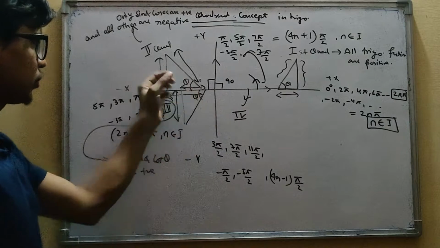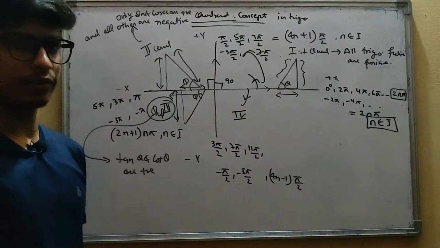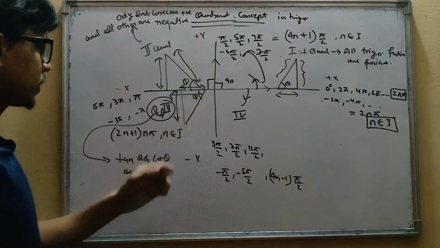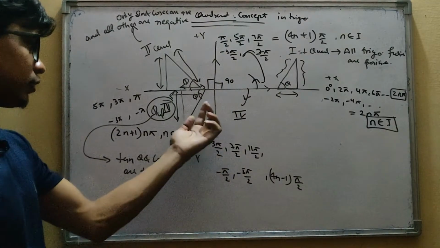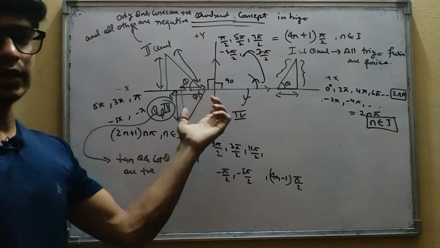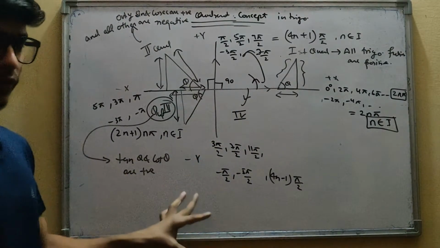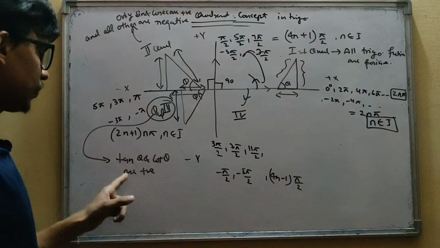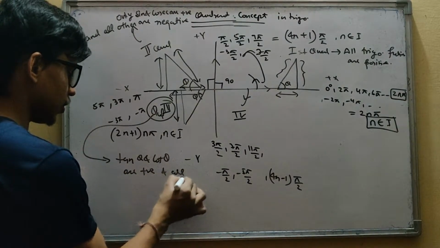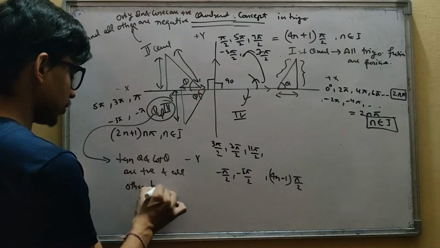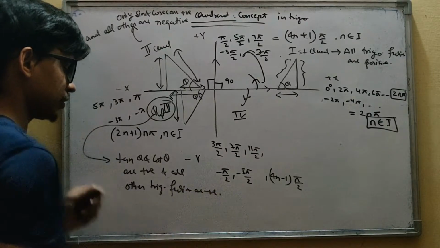This is a kind of magnitude, the distance of this particular point from the origin. That is why it is always considered positive. So sine and cos and their reciprocals are going to be negative in the third quadrant because of this reason. So tan theta and cot theta are positive, and all other trigonometric functions are negative. So this is how you can do this.